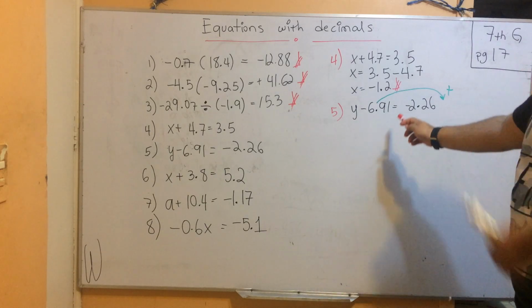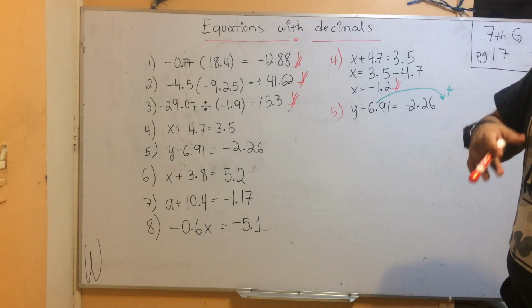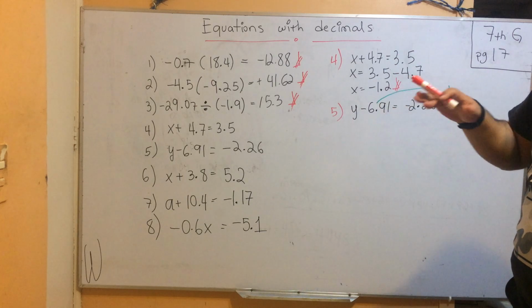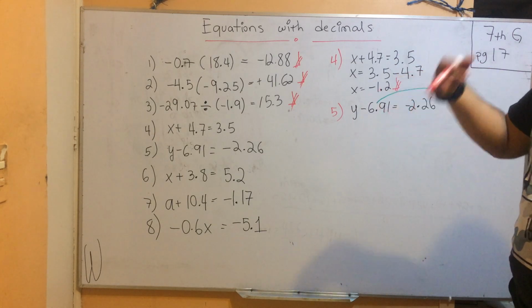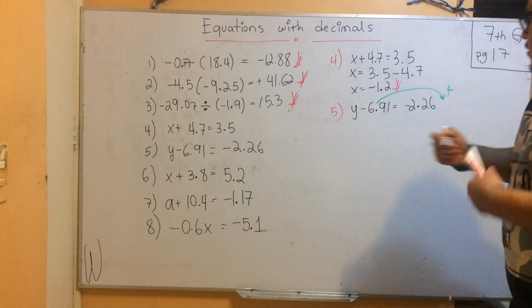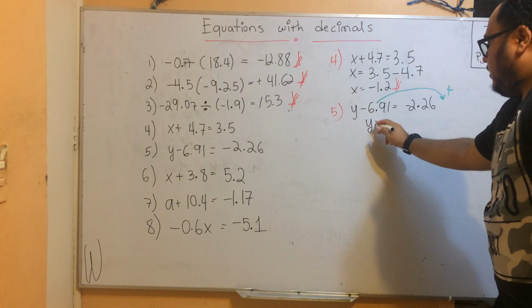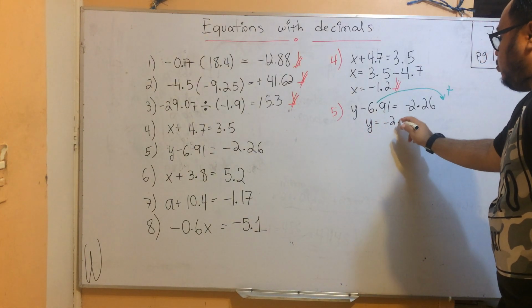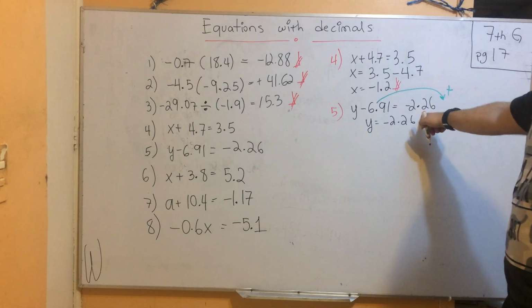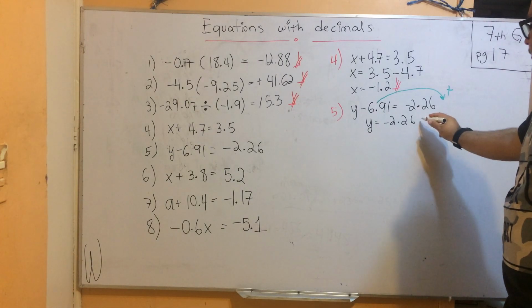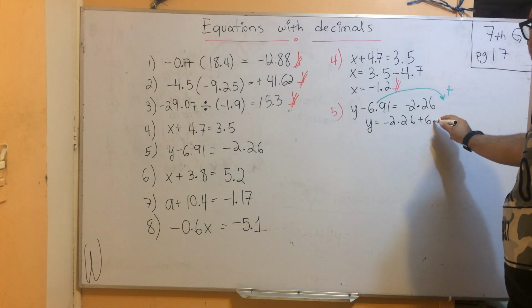Positive. Remember, when we move it from one side to the other side of an equal sign, that means that we have to change the sign. Okay, so we have that y equals minus 2.26, because this one didn't change. This one is still on this side, plus 6.91.